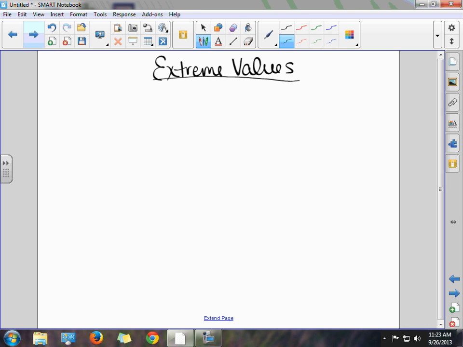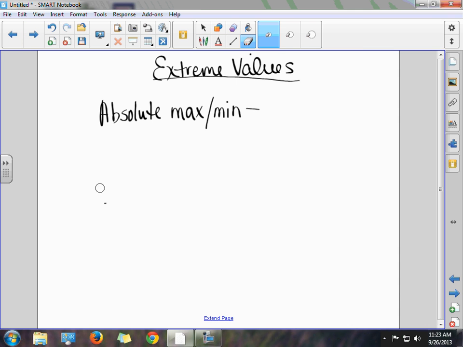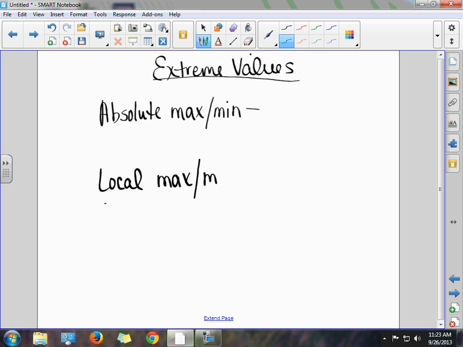The three kinds we have: absolute maximum and minimums, we have local maxes and mins, and then we also have critical points.